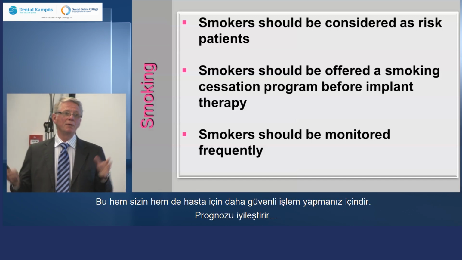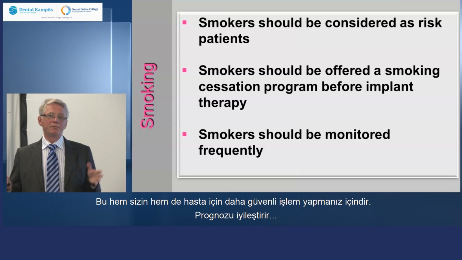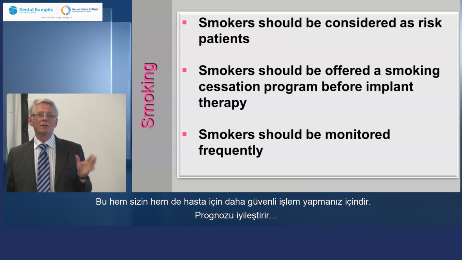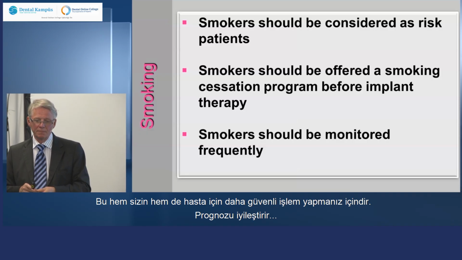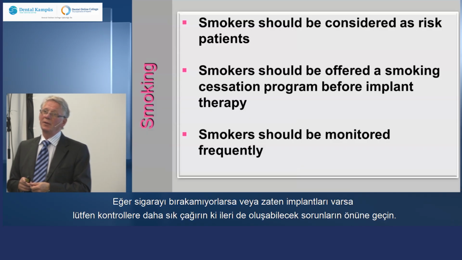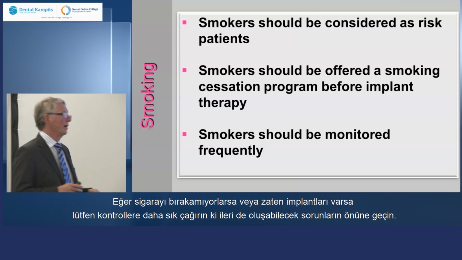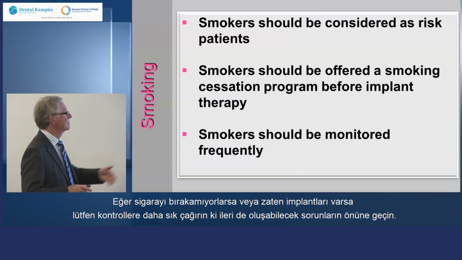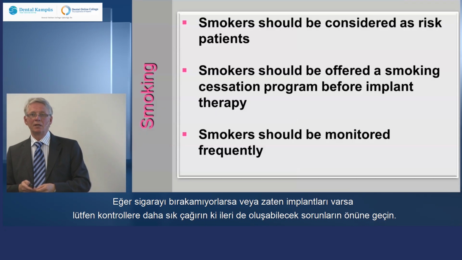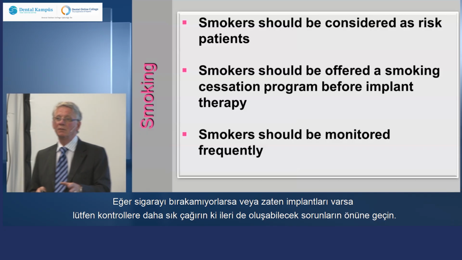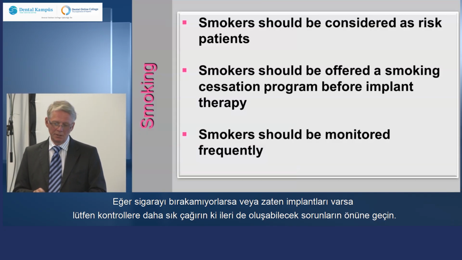This is all to make it safer for you and for the patient, and to increase the prognosis. And also, if they cannot stop smoking, and if you have smokers that already have their implants, please call them frequently to your clinic for checkups and maintenance to avoid problems in the future.